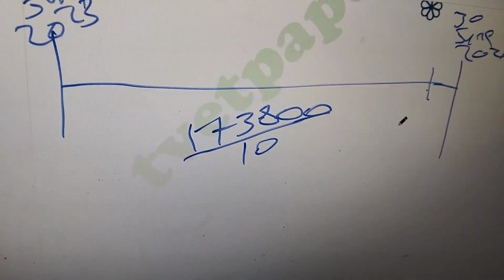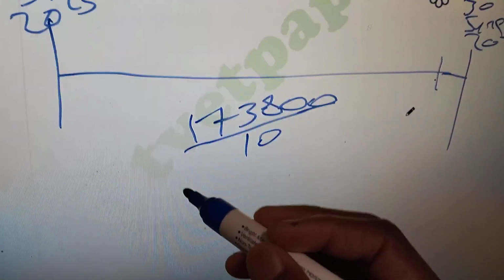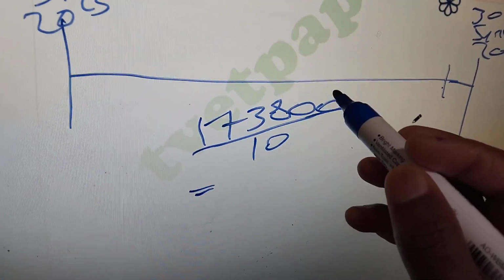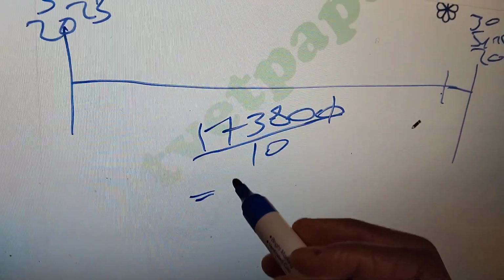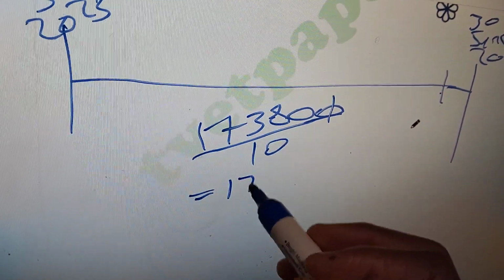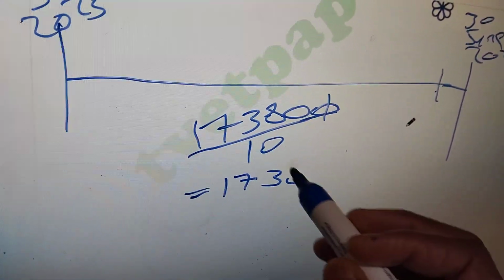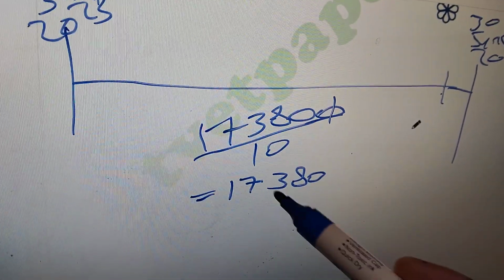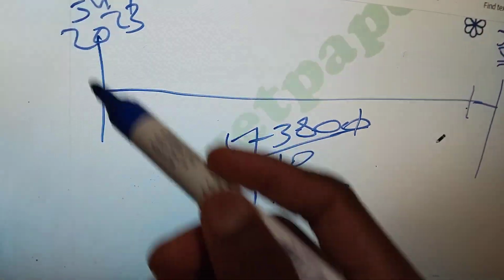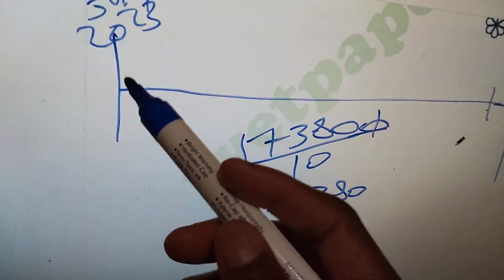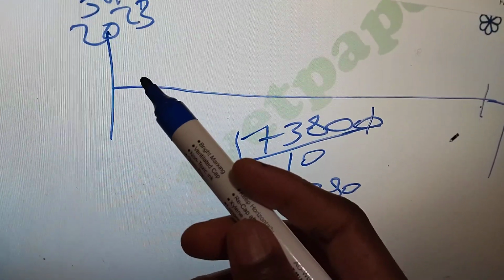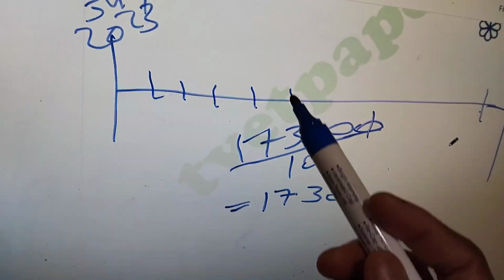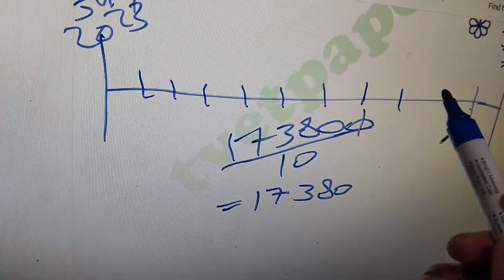So since it's for 10 months, we divide by 10. We just cancel this 0. So it's 17,380. Basically, we are paying the salaries 17,380 in July, August, September, October, November, December, January, February, March, April.